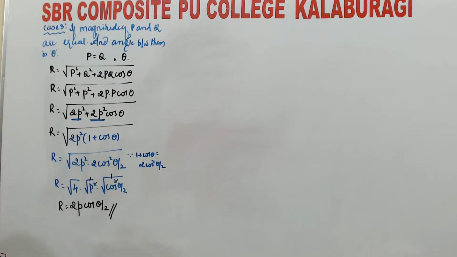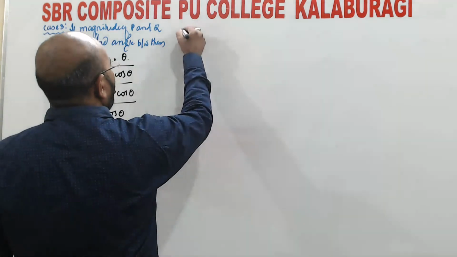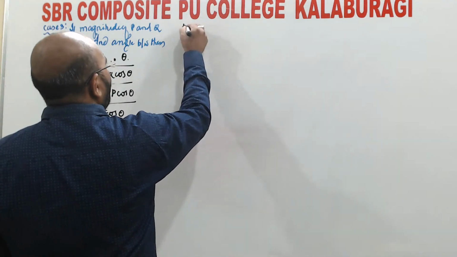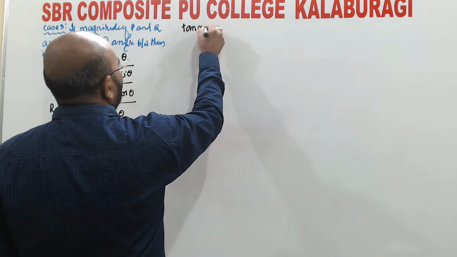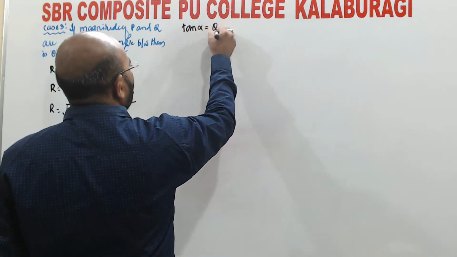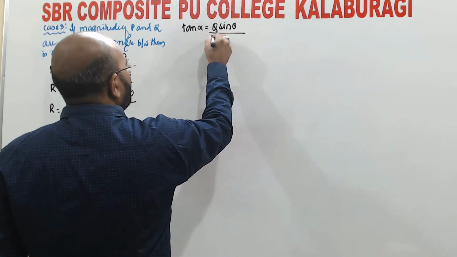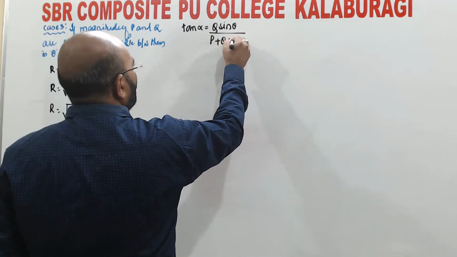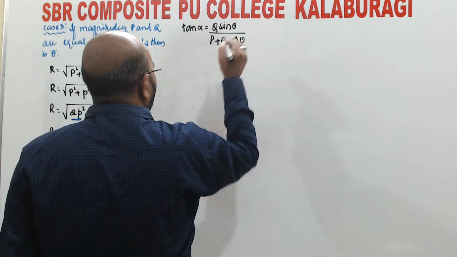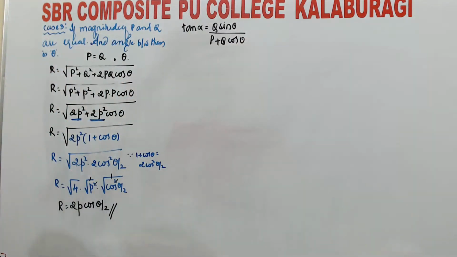Then finding the direction. For direction we have tan alpha is equal to Q sin theta divided by P plus Q cos theta.